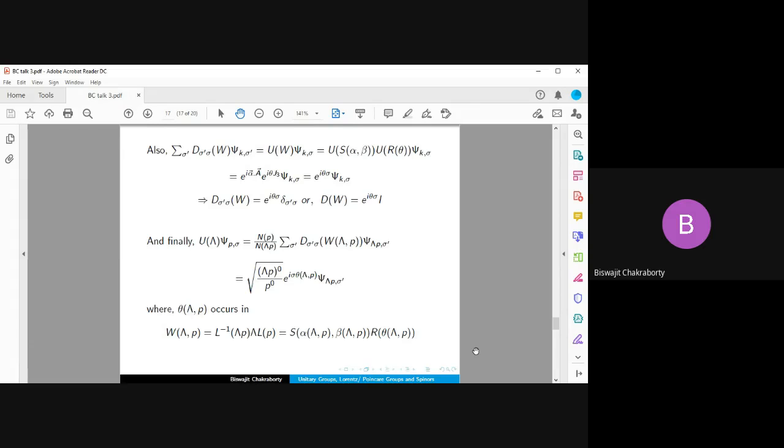Thereafter i alpha dot A is going to hit psi k sigma. Since A annihilates these states, you get e to the power 0, which is 1. So the action of U(W) on psi k sigma is nothing but e to the power i theta sigma psi k sigma. This shows that under the action of W, the states by themselves are not invariant.